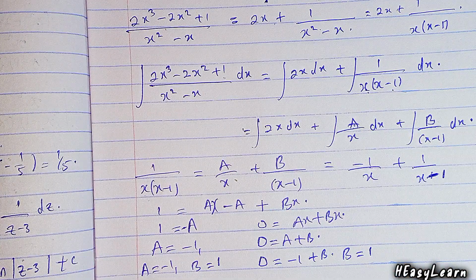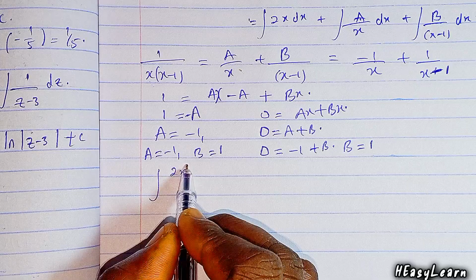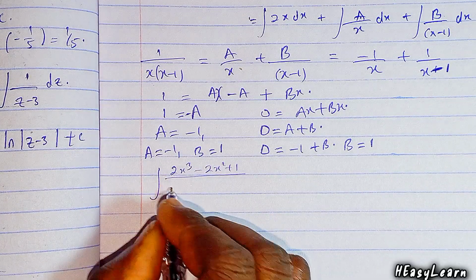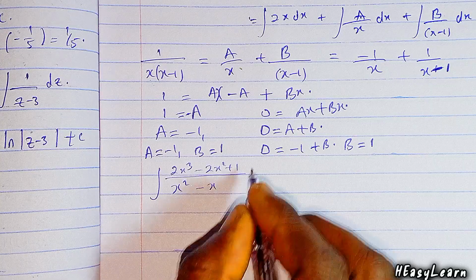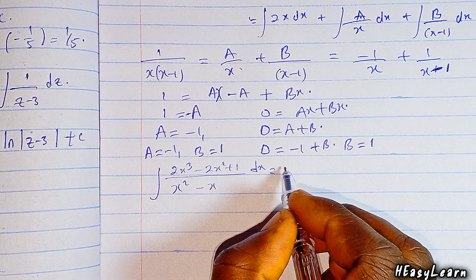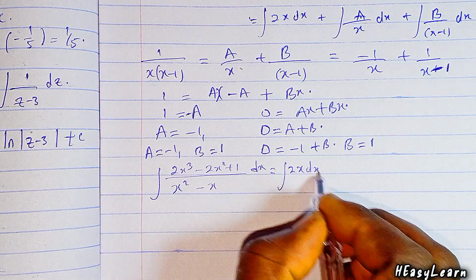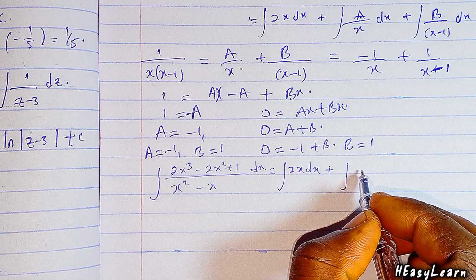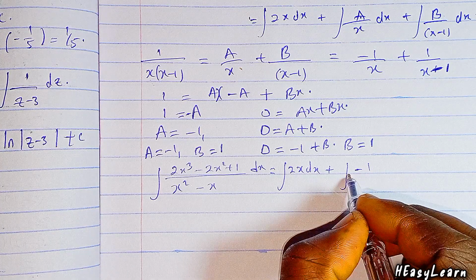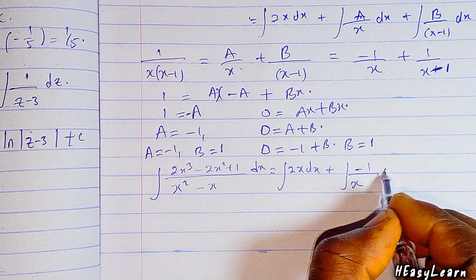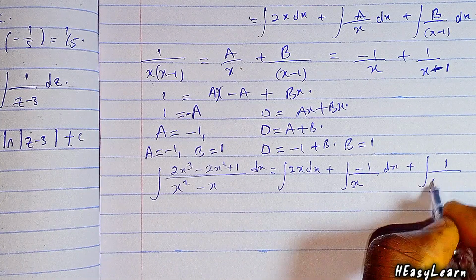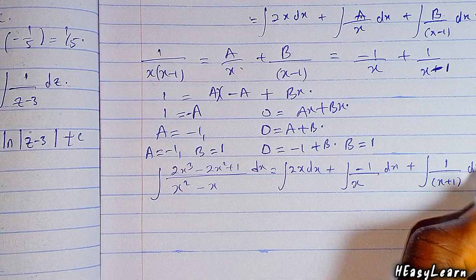So the integral of 2x to the power of 3 minus 2x squared plus 1 divided by x squared minus x dx is the same thing as the integral of 2x dx plus the integral of a, which is now minus 1 divided by x dx, plus the integral of b, which is 1 over x minus 1 dx.